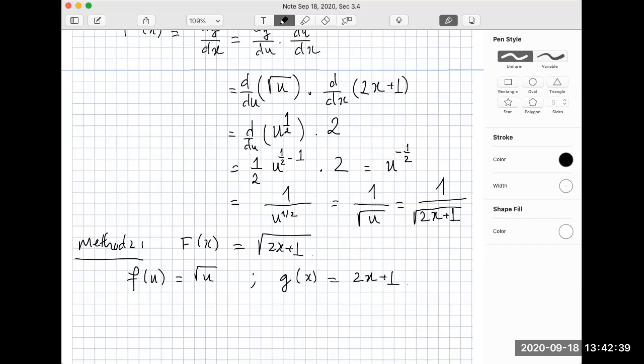Right? If we define these two, then we know that capital F of x is f composite g, then apply to x, right? It means that it is f of g of x, right?